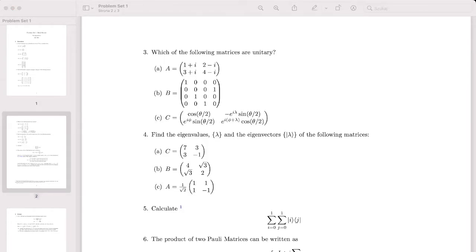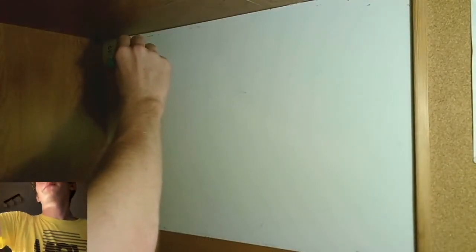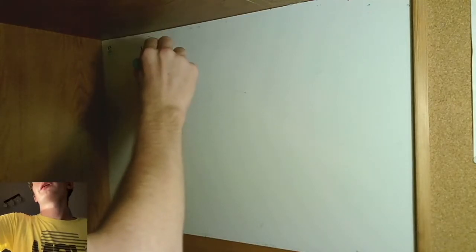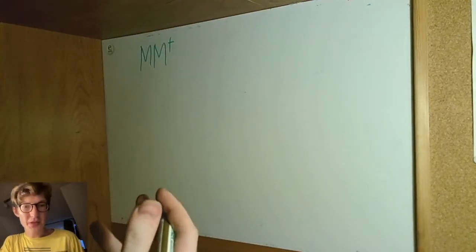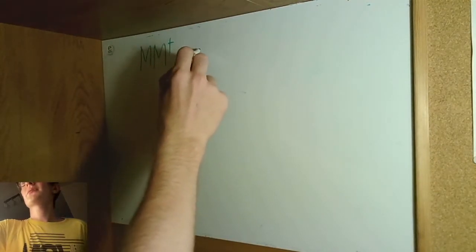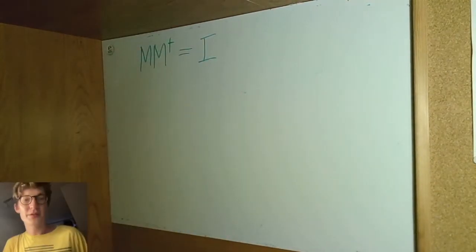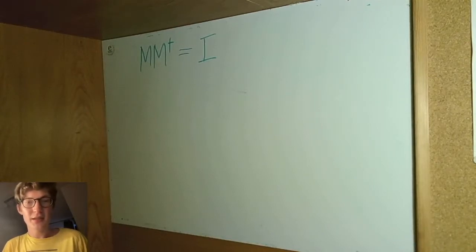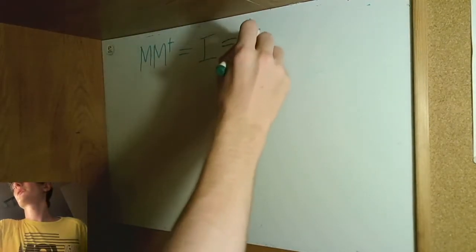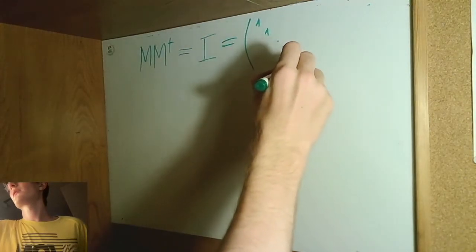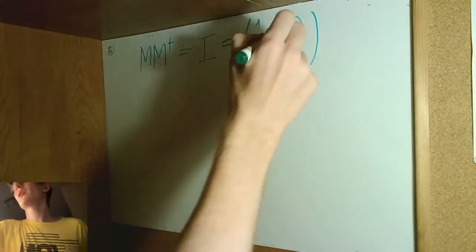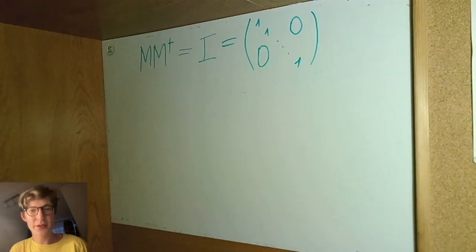And now we're going to check whether a given matrix is unitary. So what does it mean? If we have a matrix M and we multiply it by its Hermitian conjugate, and it turns out to be a unit matrix, which is of course a matrix of the form such that on a diagonal we have ones and everywhere else we have zeros, then we call such a matrix unitary.